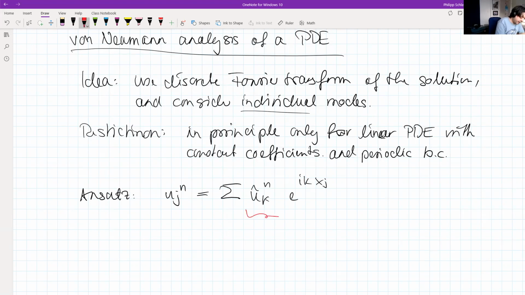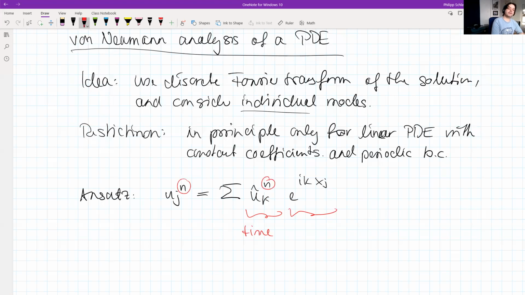We have two parts of this expansion. The first term, the u hat k with a superscript n, corresponds to the Fourier coefficient, and that is dependent on time.